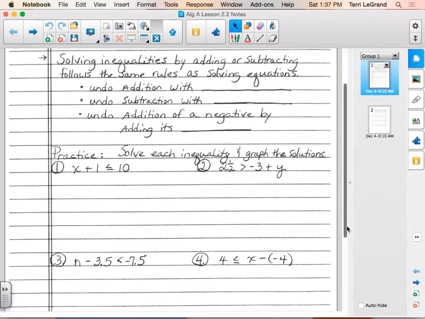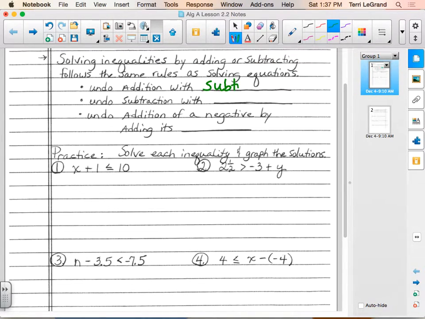So we're going to follow the same rules. Undo addition with, what undoes addition? Subtraction. So if something's being added, we can subtract it to undo it. We can undo subtraction with the addition of the same thing.